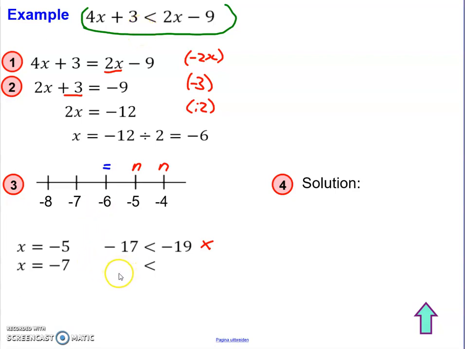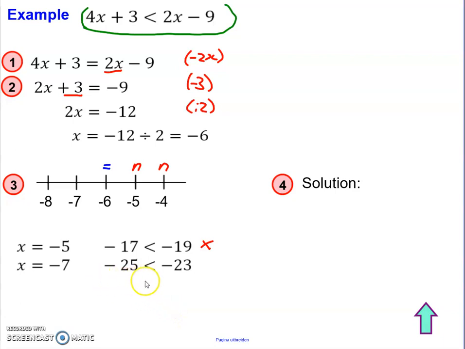You calculate this and you write down the solution. The solution is minus 25. Then you copy the less than symbol. And then you fill in minus 7 on the right side. 2 times minus 7 minus 9. You calculate this, and on the right side you will find minus 23.